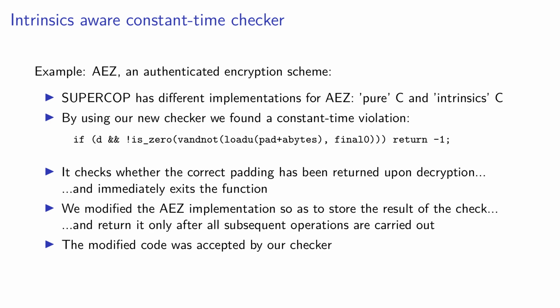And by using our new checker, we found a constant-time violation, a benevolent one, due to an immediate return if the padding was incorrect. We modified the code to store the exit code and only return it at the end of the function, and with this change the code was accepted and considered constant time by our tool.